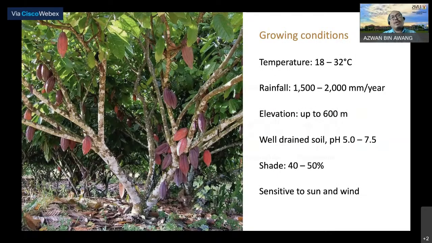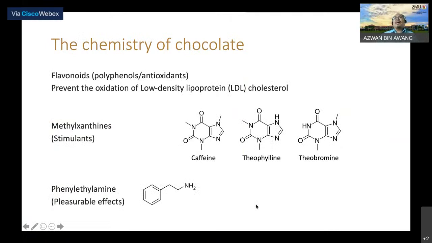So when we eat chocolate, basically we are consuming a lot of chemicals inside that sometimes benefit us or give us some pleasure. When we eat chocolate, the first thing that perhaps comes is the happy feeling.